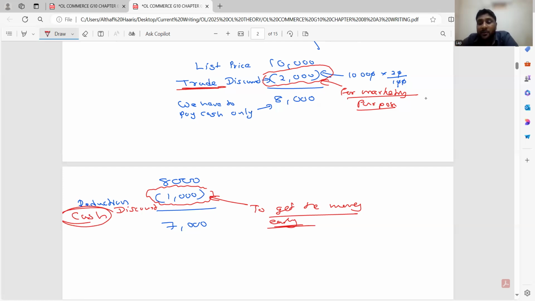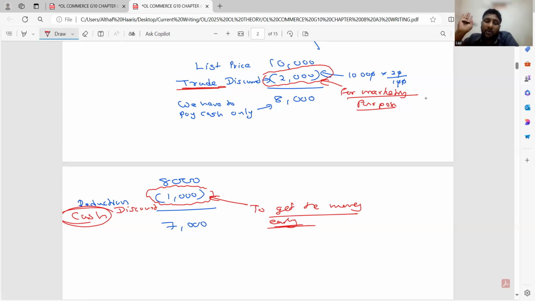So people, discounts, how many types? 2 types. What are the 2 types? One is for the marketing purpose. Other one is to get the money quick. The discount that you are giving for the marketing purpose, to attract more customers, what is that discount, students?